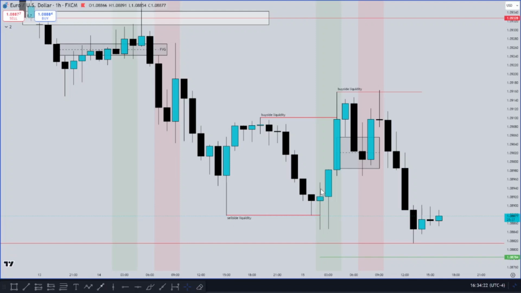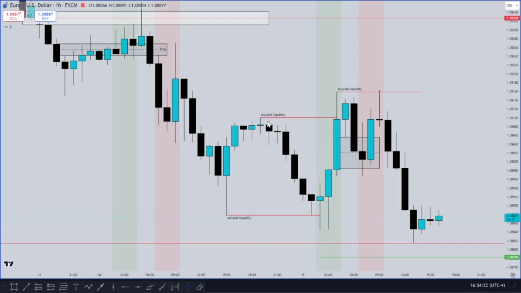As soon as price opened, price took out the sell side liquidity with the first hour of the London session, the 2 a.m. candle. The 2 a.m. candle traded lower and took out the sell side liquidity. After running out the sell side liquidity, if price were to trade higher, where's the next draw on liquidity?